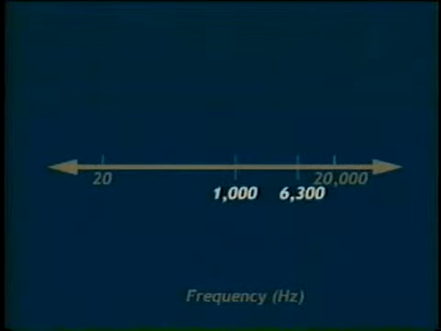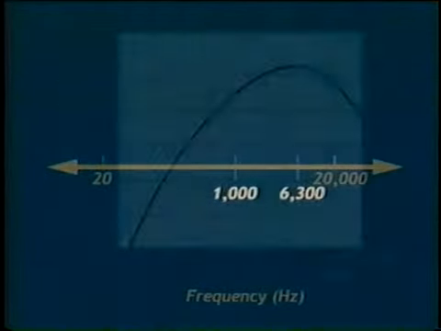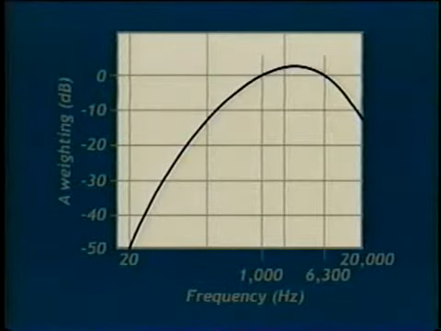Earlier it was stated that human hearing is most sensitive in the range of about 1,000 to 6,300 hertz. To describe sound levels in a manner which closely approximates normal human hearing, the actual sound level measurement is modified by applying A weighting. A weighting is a response function that spans the audible frequency range.